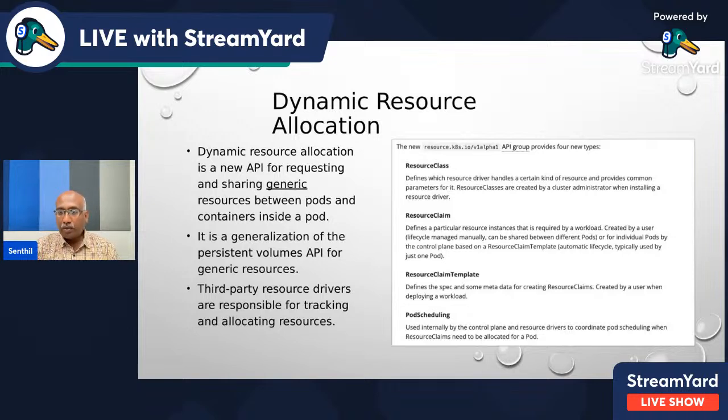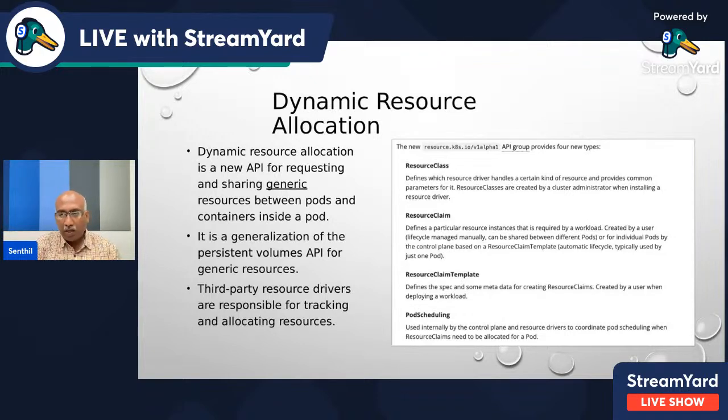If you're familiar with persistent volumes and these different APIs, then it is very easy for you to understand the APIs of dynamic resource allocation as well, because what the project team has done is they have taken the persistent volumes API and generalized it for different kinds of resources. The persistent volumes API is only for storage resources, whereas these dynamic resource allocation APIs are for any generalized resources. Okay.